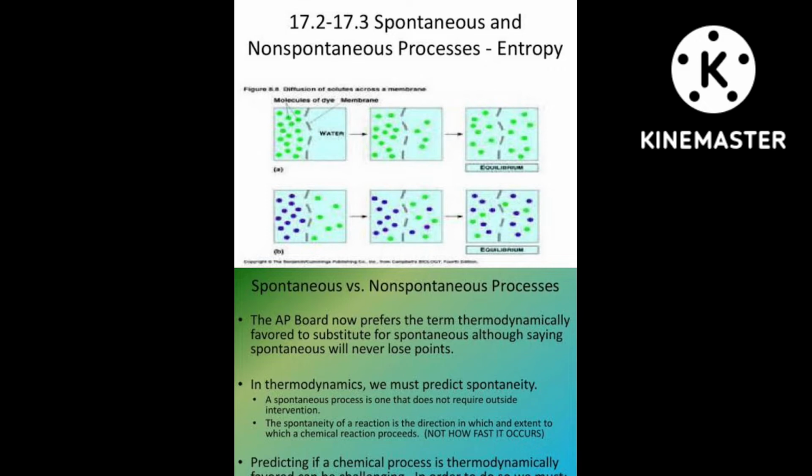Today I am going to discuss spontaneity. Last class I discussed enthalpy of solution and lattice enthalpy.